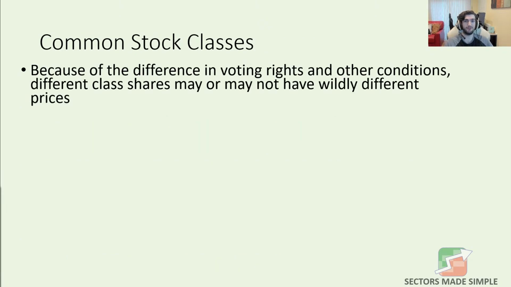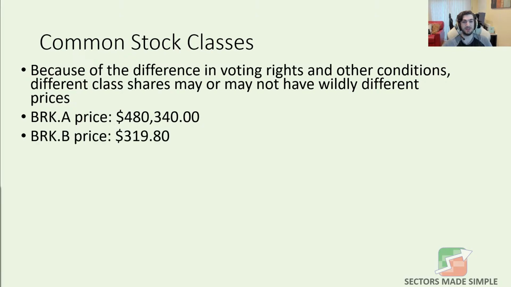Now, because of the differences in voting rights, and also other conditions that we'll talk about in a minute, different class shares may or may not have completely different prices. Let's look at Berkshire Hathaway. On Tuesday when I pulled these numbers, Berkshire Hathaway's A-class shares were trading at $480,340.